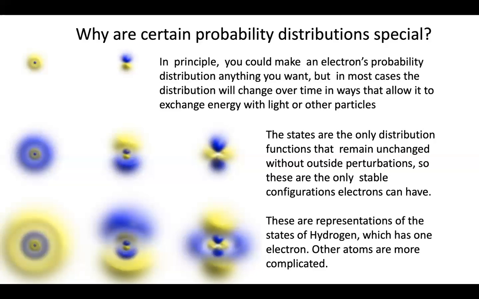It's basically a mode of the electron's wave function. Okay, so these are the only ones, so there's a countable number of discrete states electrons can have. And these are the only ones that can last for a significant length of time. You can create other probability distributions, but eventually they'll do things and wind up in one of these states.